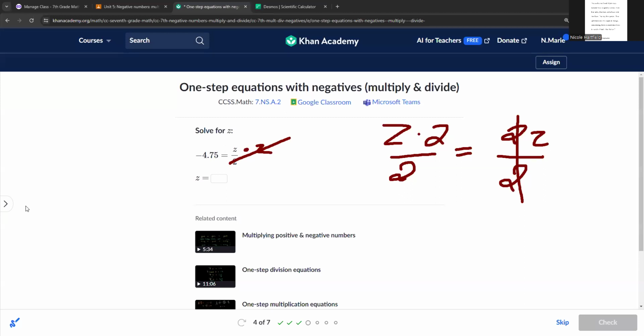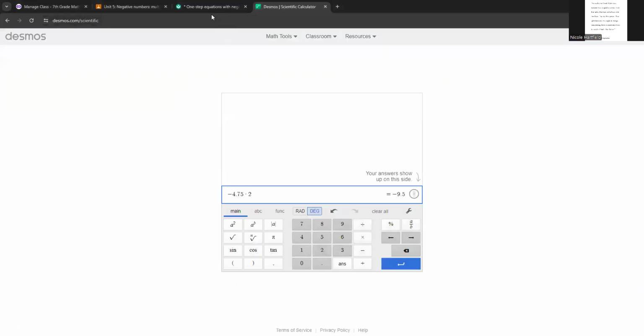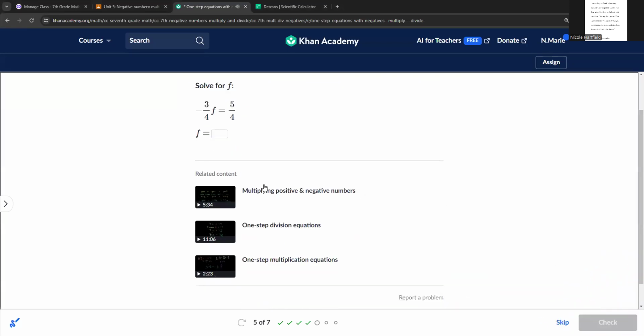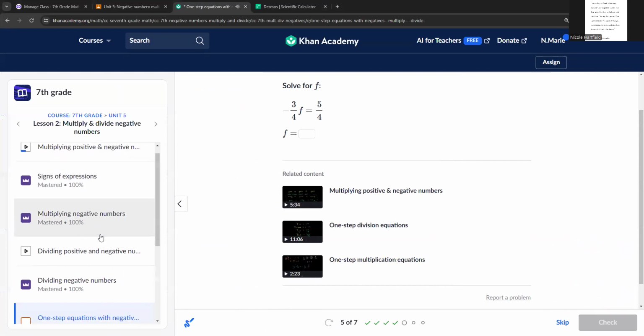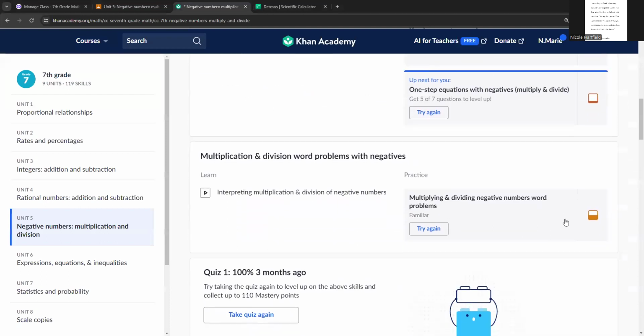Math is all about understanding. When you understand why things happen, it makes more sense. Okay, so then negative 4.75 times 2 gets me negative 9.5. And so that's how you move things around with one-step equations. Those are important. Make sure you do those and practice.